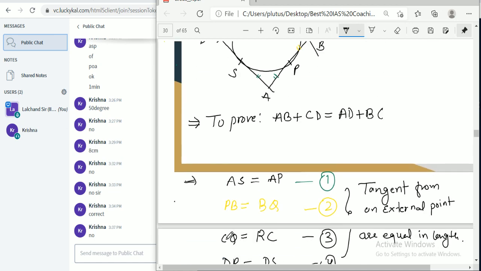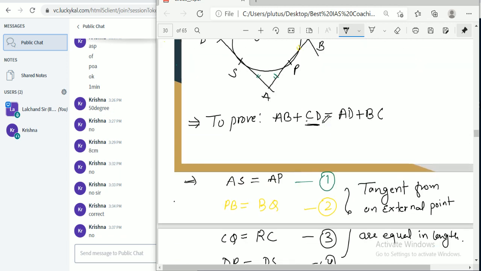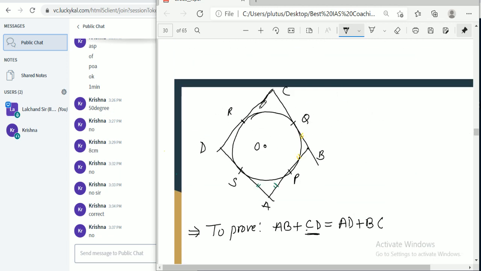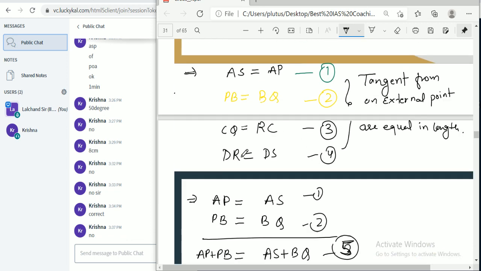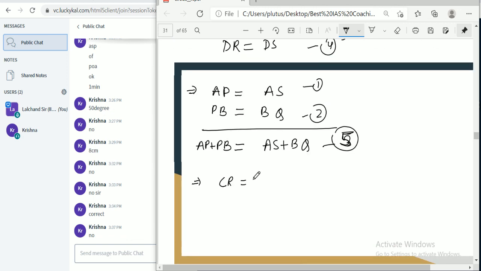No. Okay, now we need to make CD. So can you tell me how to make CD? Which equation we need to add up? If we look into diagram, the value of CD is basically CR plus DR. But where is CR? This is CR. So we can say equation 3, CR is equal to CQ.